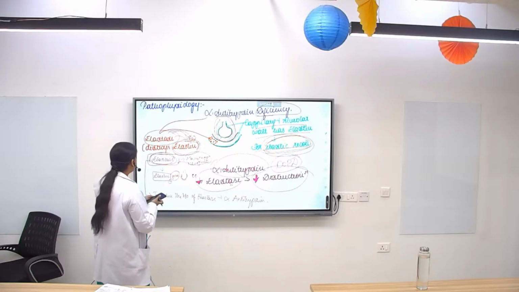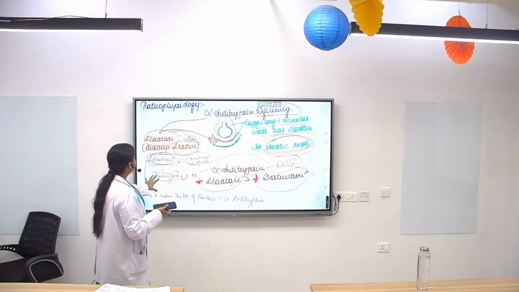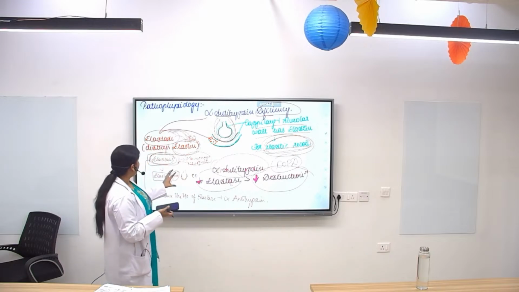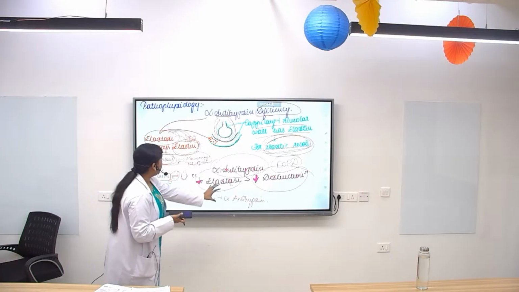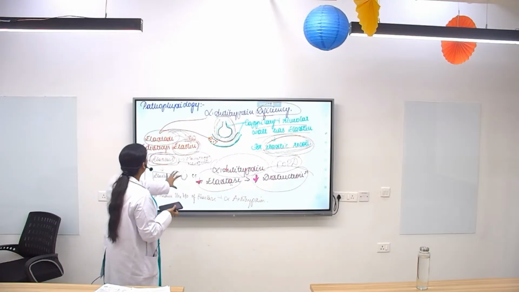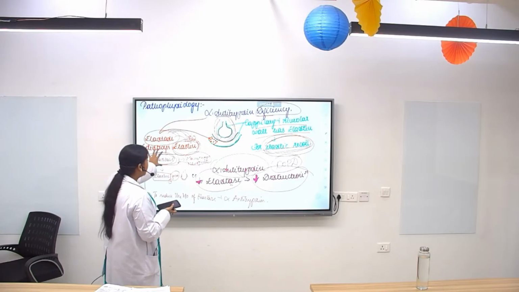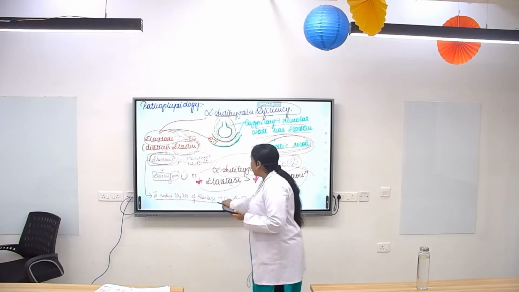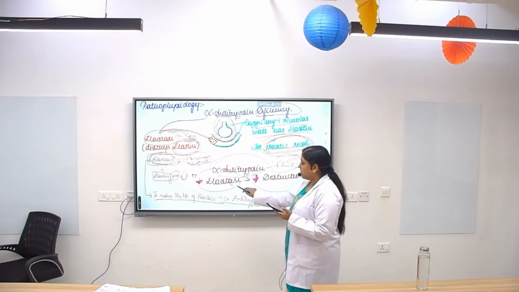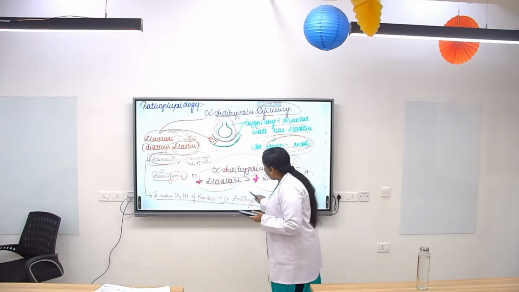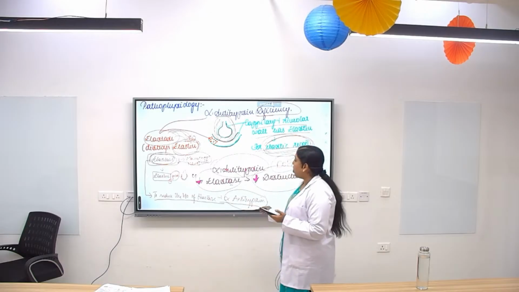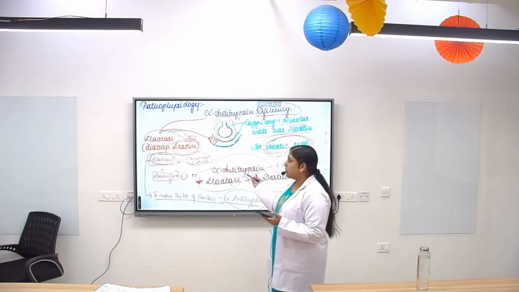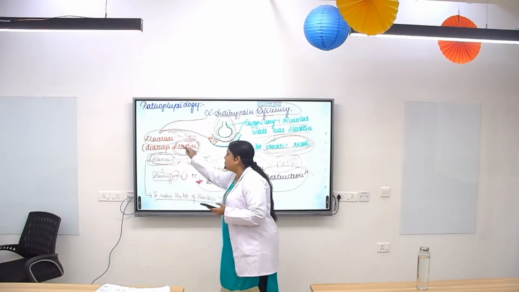When this alpha-1 antitrypsin is deficient or absent, what will happen? This in turn is going to cause more elastase and there will be more destruction of the elastin.